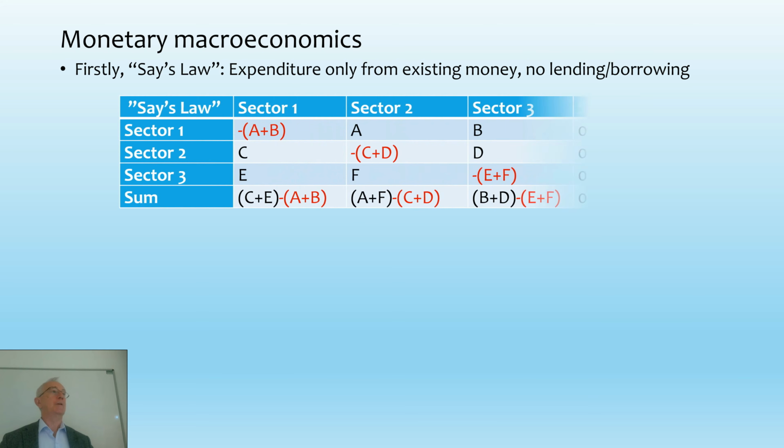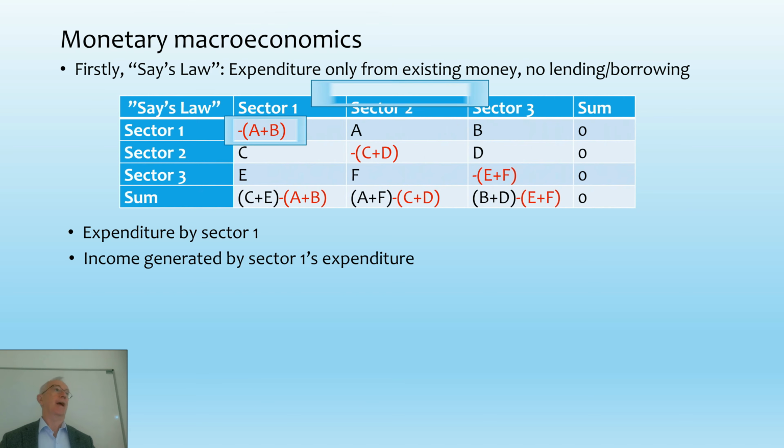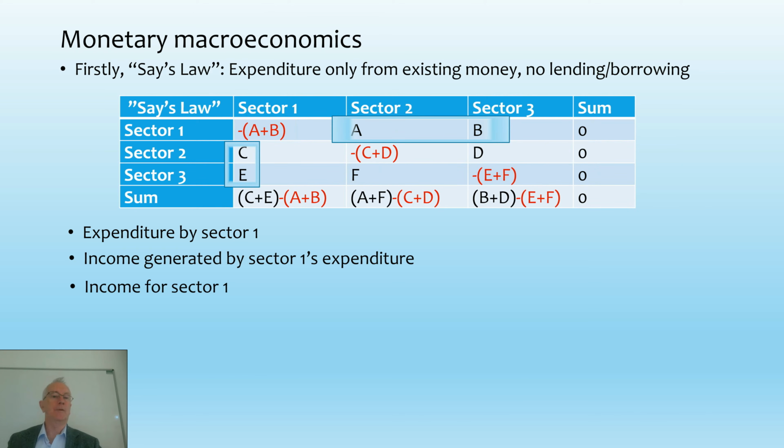So I have sector 1 spending A dollars per year on sector 2 and B dollars per year on sector 3. And therefore that is equal to that. Okay? And all these flows are in dollars per year, or currency units per year. C plus E are the income that sector 1 gets from 2 and 3, and that can differ from the expenditure.